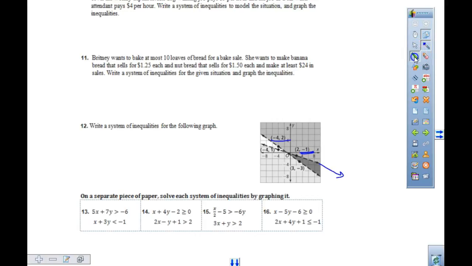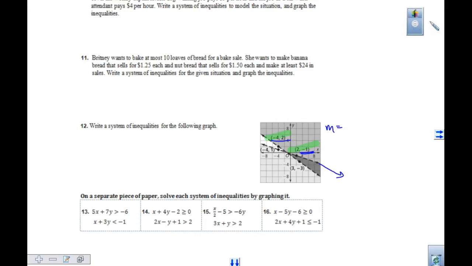Those are my 2 points on that first line, right? And if I'm looking at those 2 points, I can tell already that the y-intercept is somewhere between 0 and -1, but I cannot tell exactly. So if I am looking to write the equation for this blue line, I'm going to start with finding the slope. So this takes us back to the last unit. Reviewing for your final is kind of good.